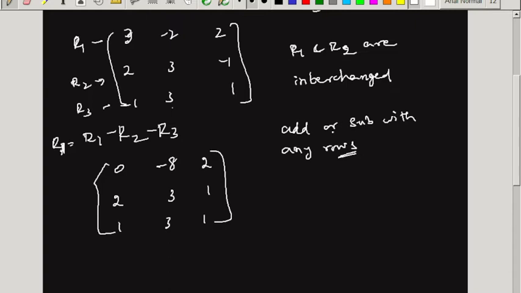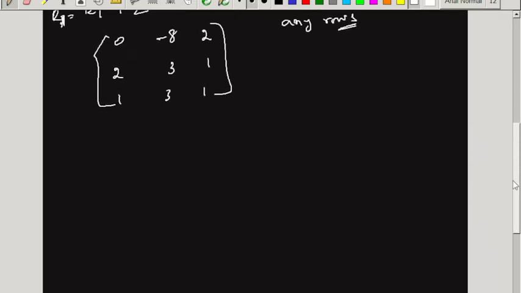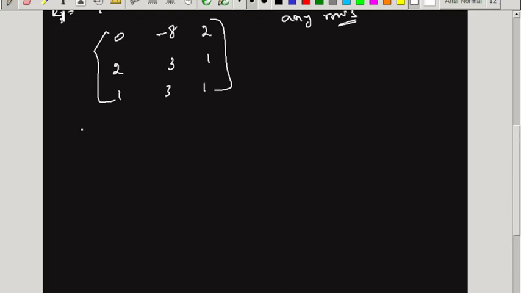We can multiply R3 by 2. We can write 0, minus 8, 2; 2, 3, 1; 1, 3, 1. R3 is multiplied by 2.